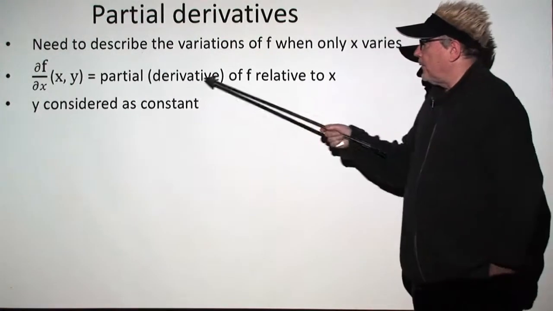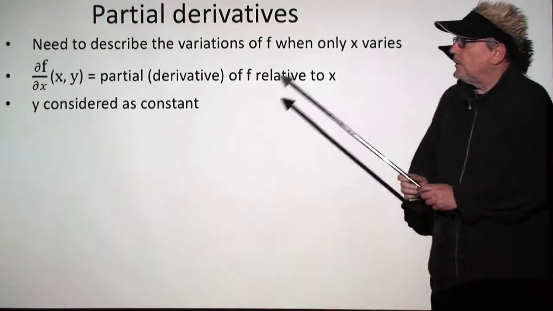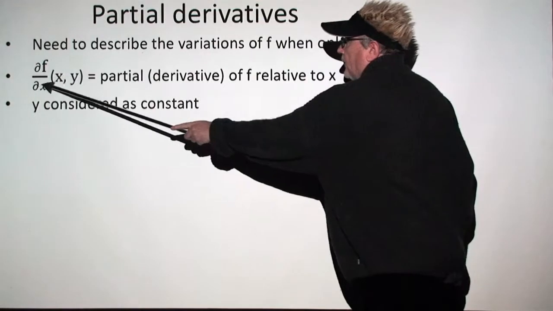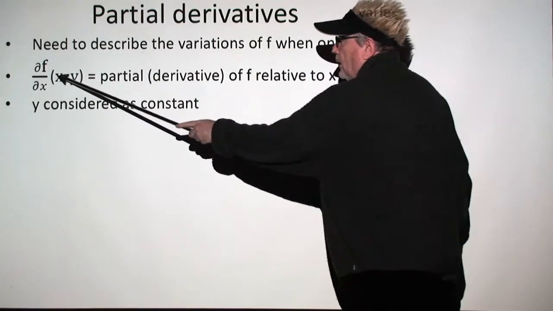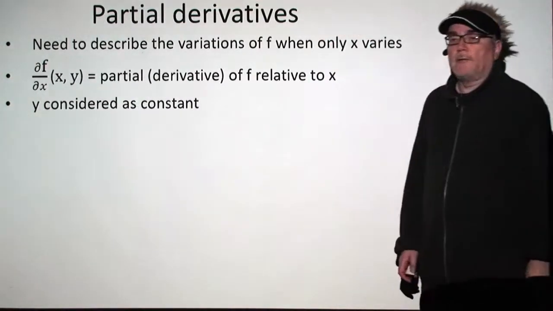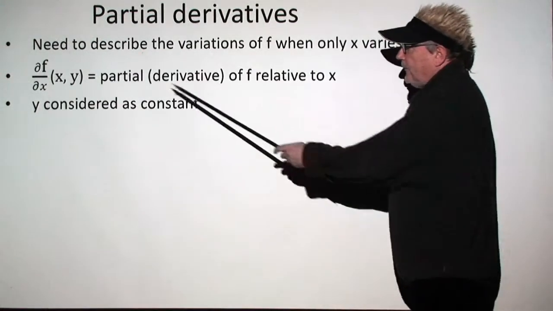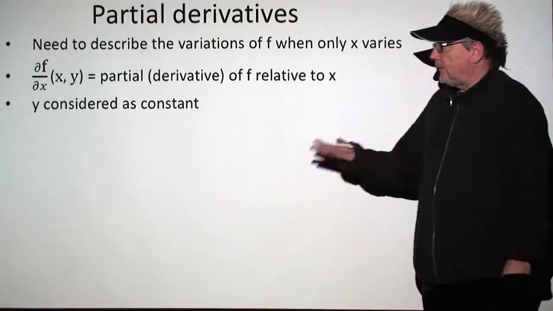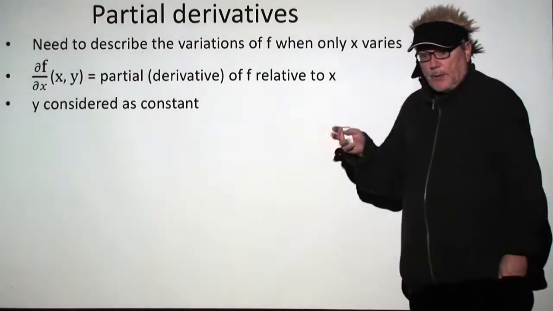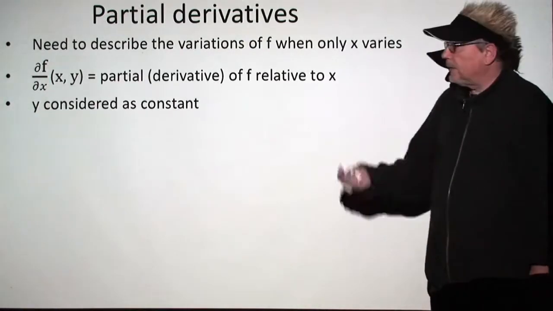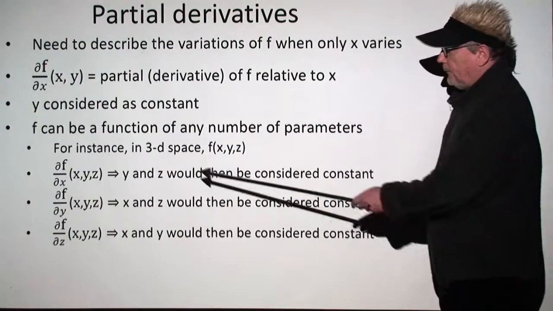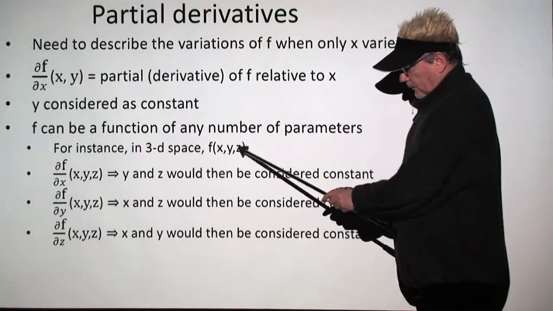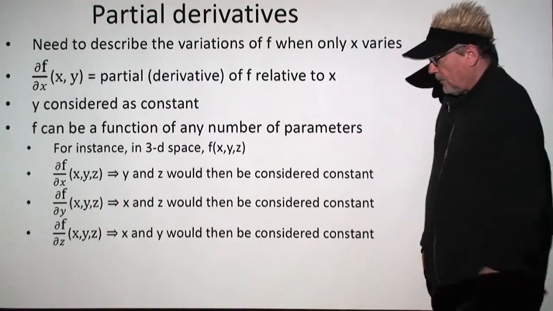You get the partial derivative of f relative to x, which is noted that way, partial derivative of f relative to x of a two variable function, the two variables being x and y.